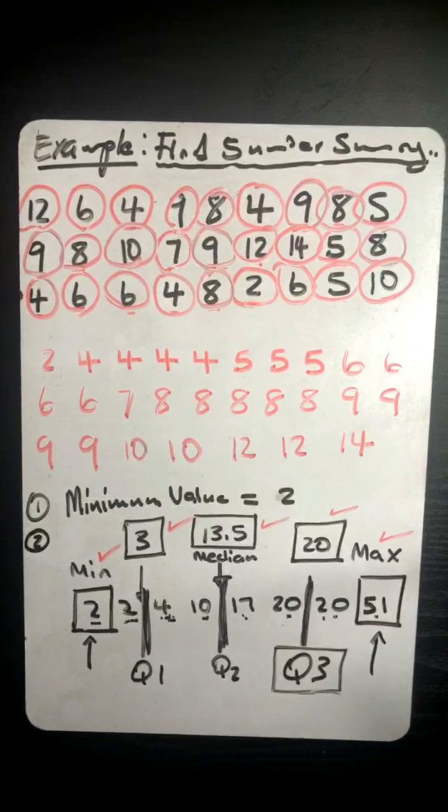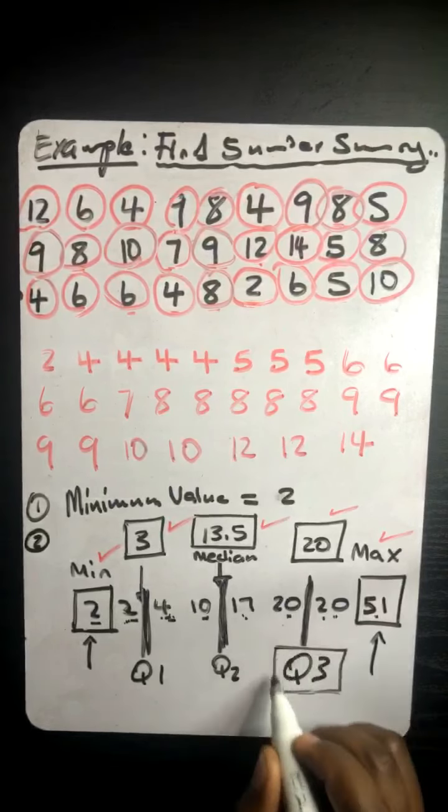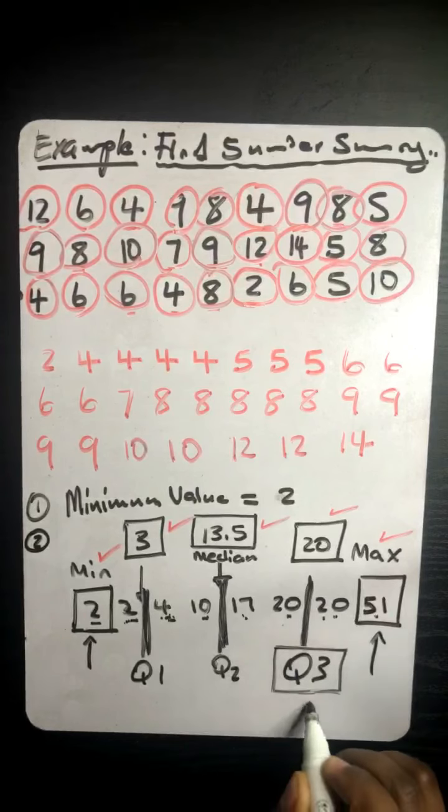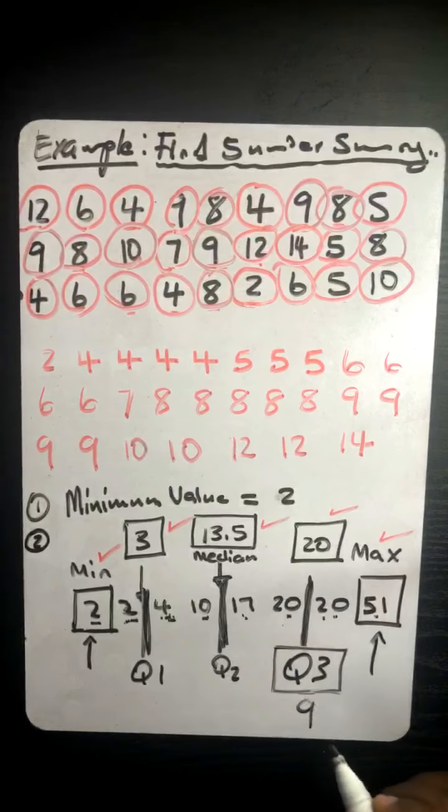What did you get for the upper quartile, being Q3? I said I got 9. Okay, now I get it.